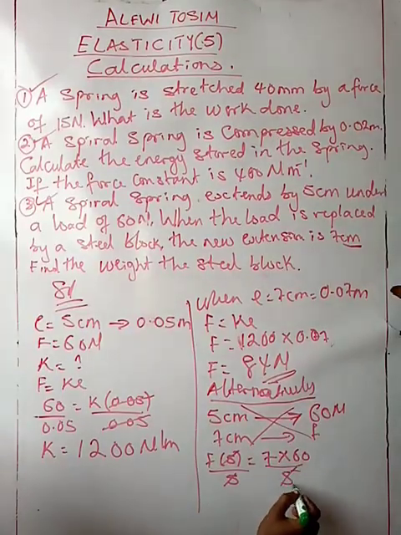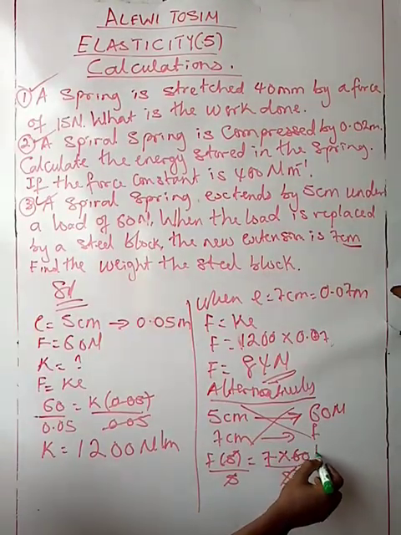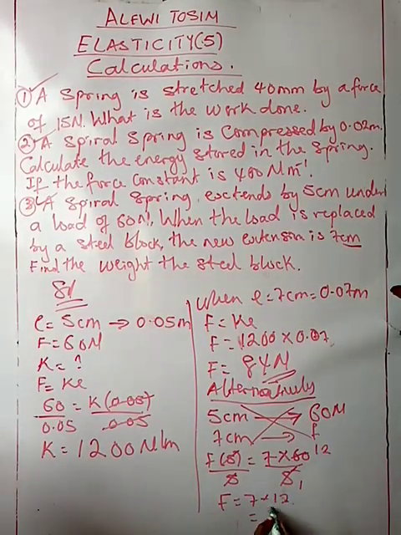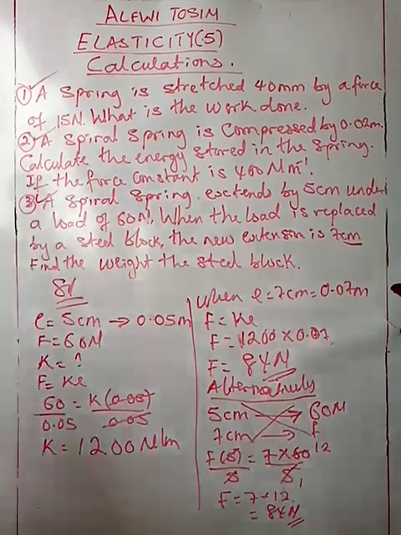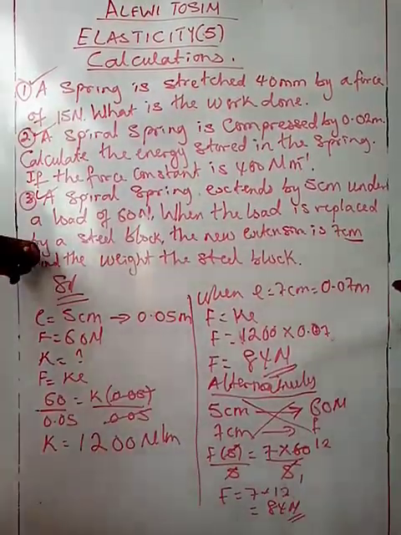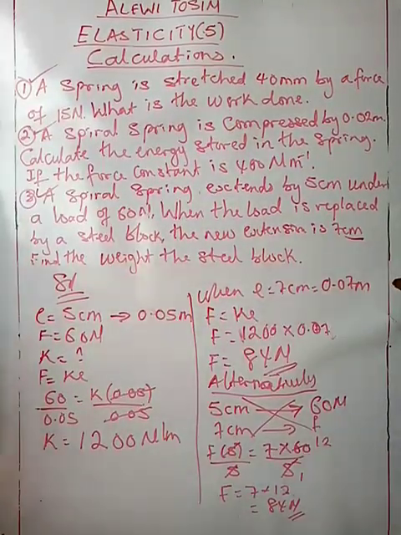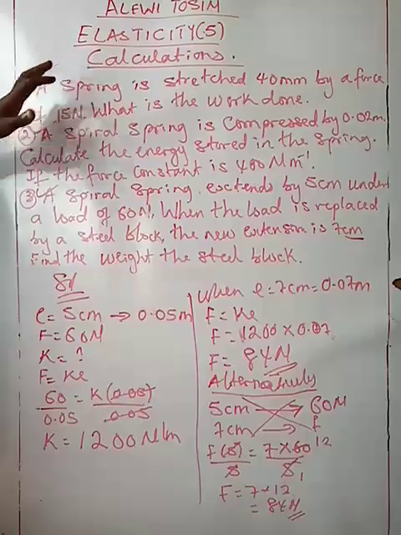So we have 5 here 1, 5 here 12. So our F becomes 7 times 12, which is 84 Newton. So this is an alternative approach for this question.